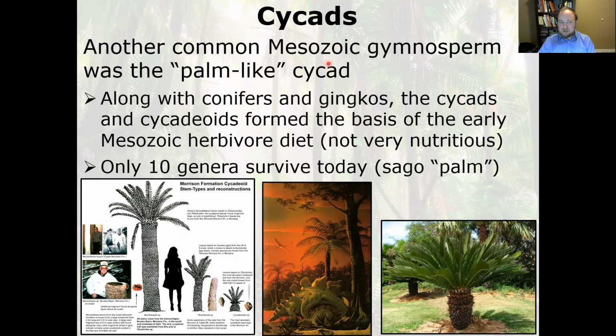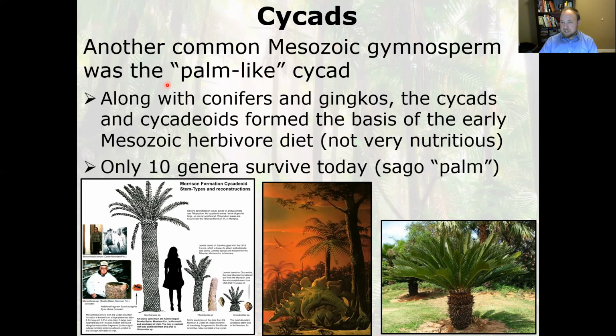They look like palms. Along with conifers and ginkgos, these cycads and cycadeoids were the foundation of the early Mesozoic herbivores. Again, if you look at these things, they're not very nutritious. The leaves are relatively fibrous. There's not a lot of nice green nutritious material on there.